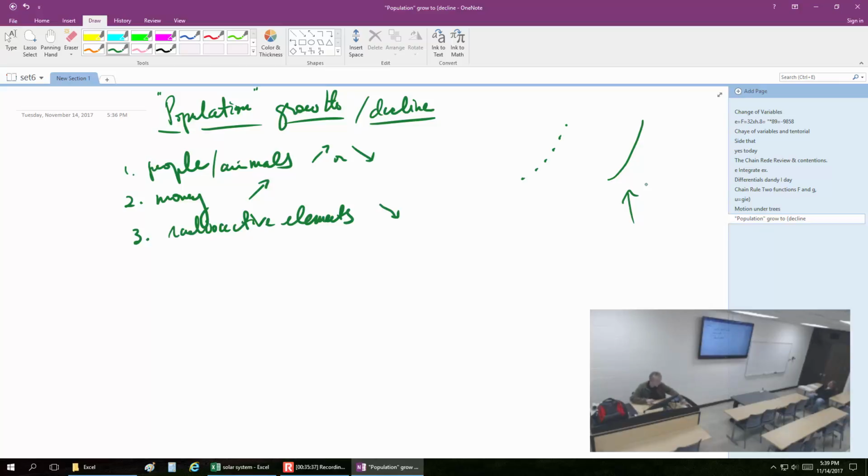For example, what do I have here? Well, as a simple example, let's take a bacteria that doubles in number every day.